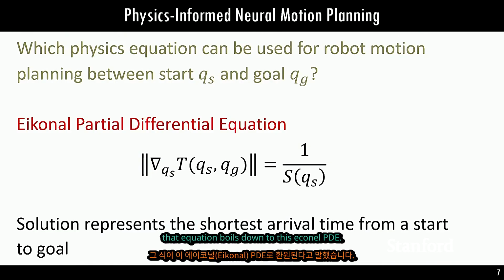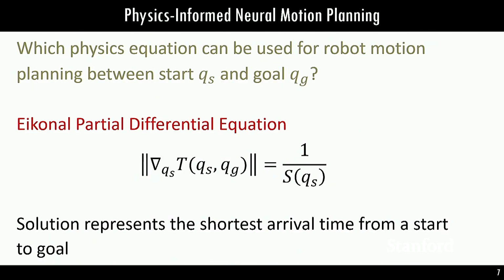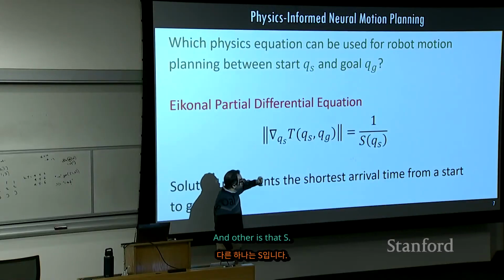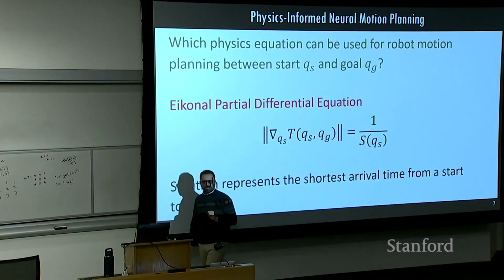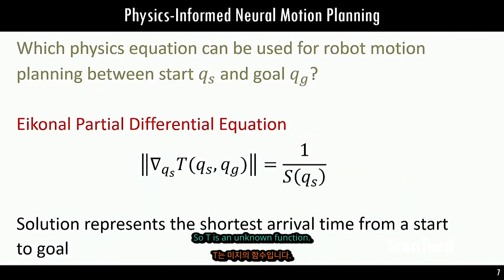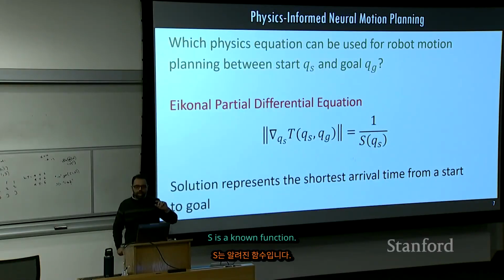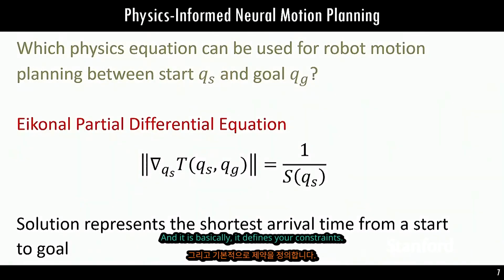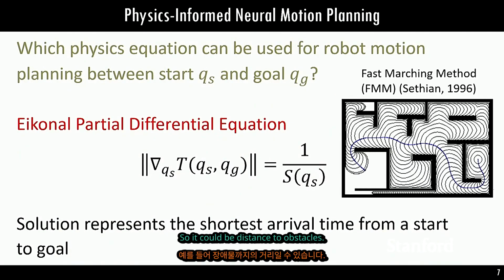So this eikonal PDE has two functions. One is this T, and the other is that S. T is an unknown function, and it is a value function. We want to solve this PDE to find this unknown function T. S is a known function, and it basically defines your constraints. So it could be distance to obstacles.